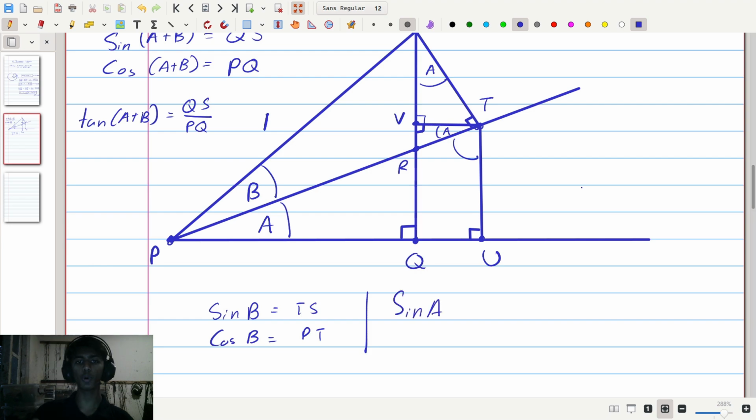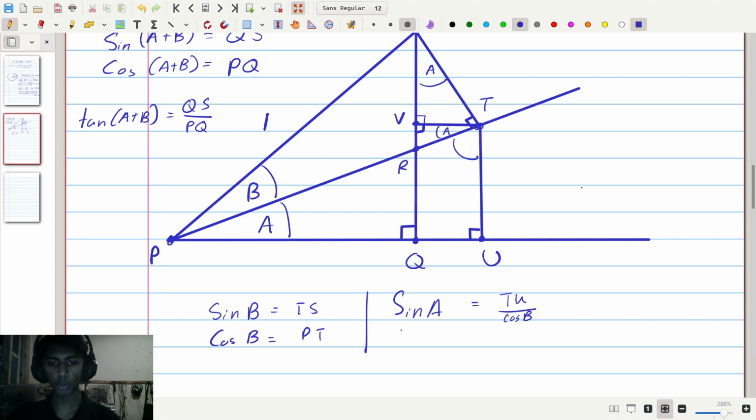Sine of A is the opposite divided by the hypotenuse. In the triangle PTU, the opposite is TU and the hypotenuse is PT. So sine of A is TU divided by PT, and we just found that PT is cosine of B.